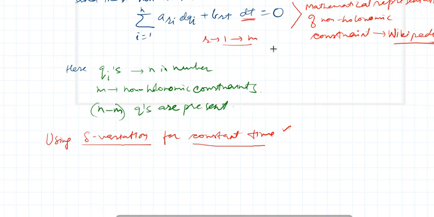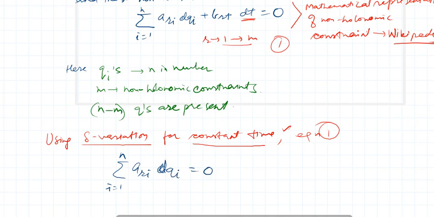So that means equation number 1 can be reduced to summation i varies from 1 to n a_ri delta q_i must be equal to 0.